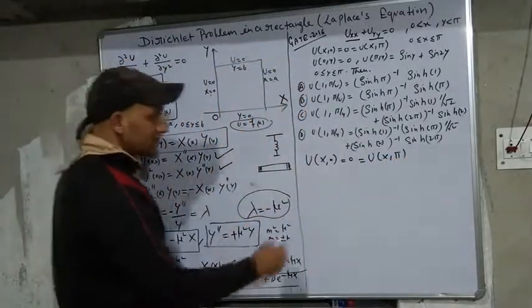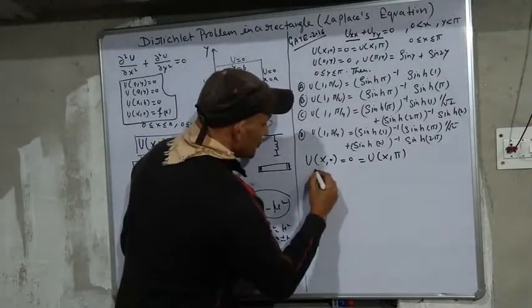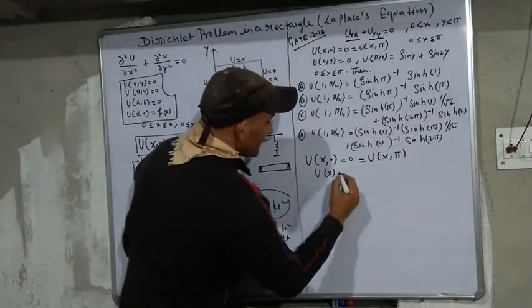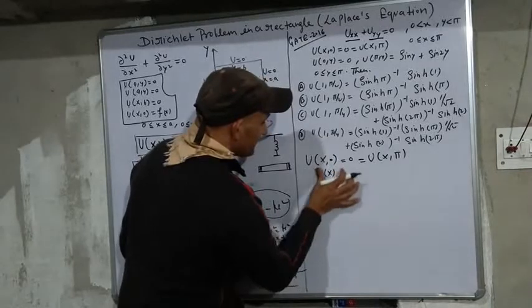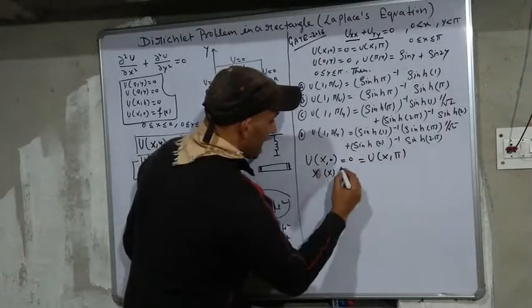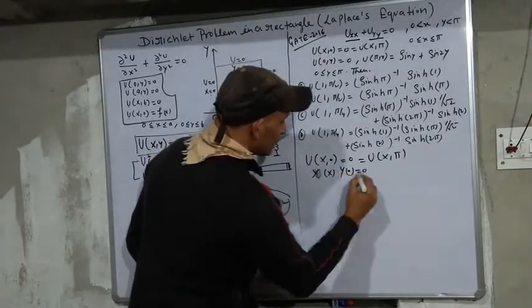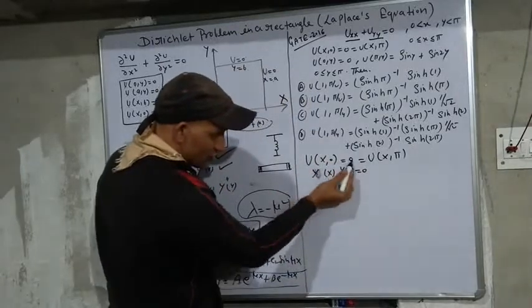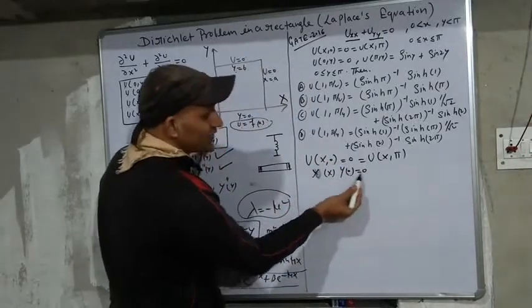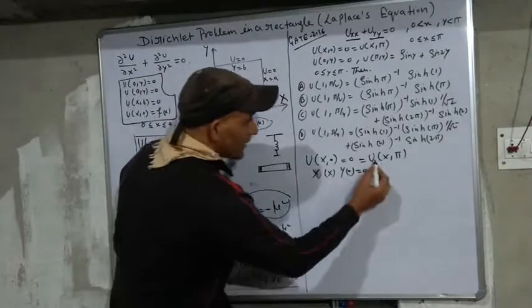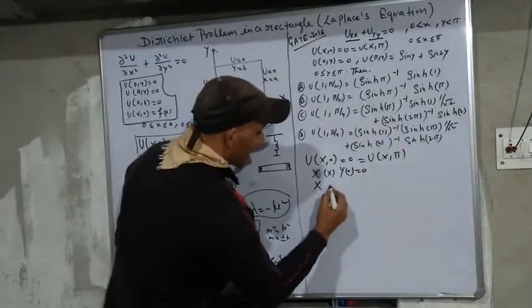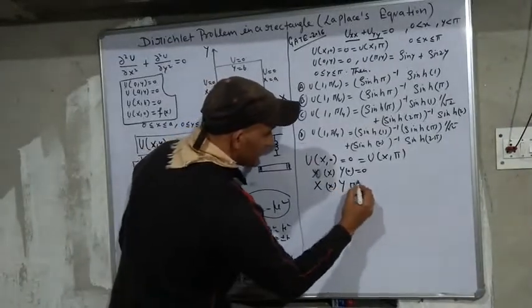It means X(x)Y(0) is equal to 0, and u(x,pi) is equal to X(x)Y(pi) is equal to 0.